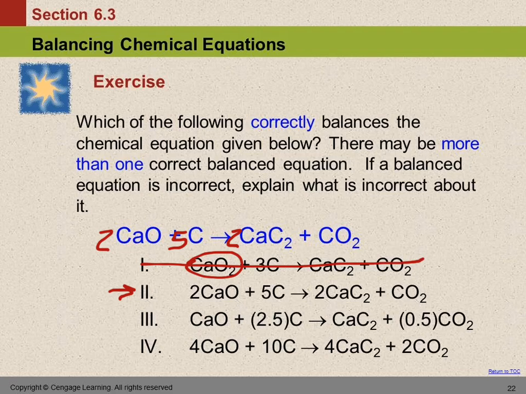Well, yes, you couldn't have half of a carbon dioxide molecule. But if you had a dozen, you could have half a dozen. And we never have an experiment where you just have individuals. And what about number 4? This one's balanced, it's just not the best one. It's not the smallest. Everything's multiplied by 2.